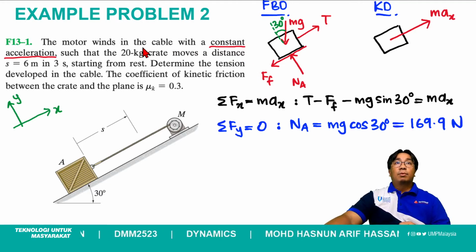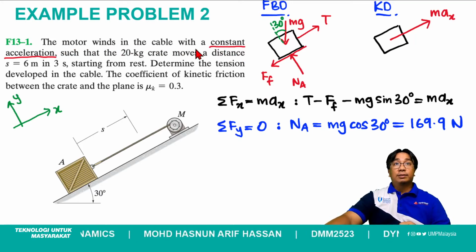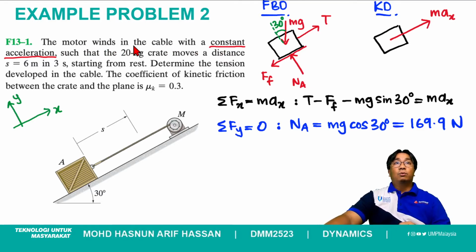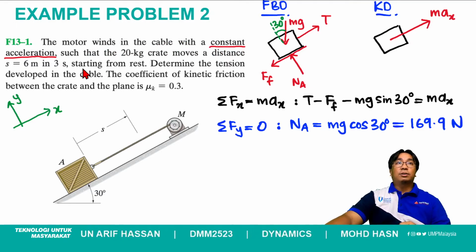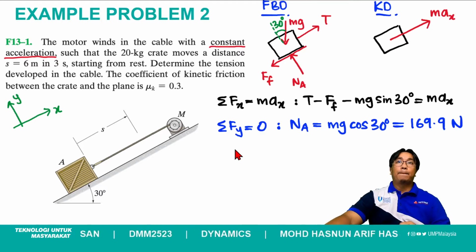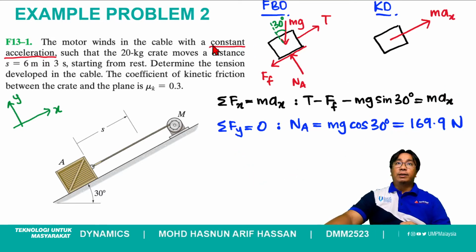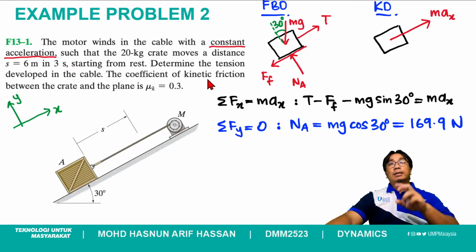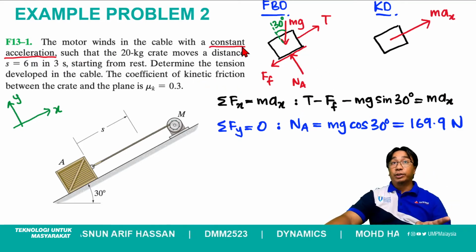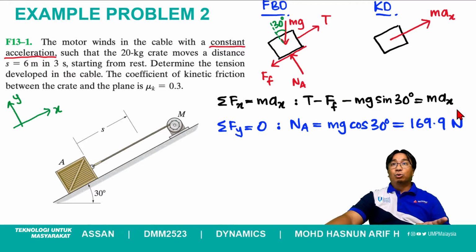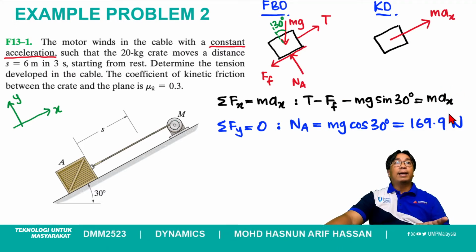Okay, and it says in the question, the motor winds the cable with a constant acceleration. Okay, with a constant acceleration. So then we can use the kinematics chapter 1 punya equation for constant acceleration to find what is AX here.